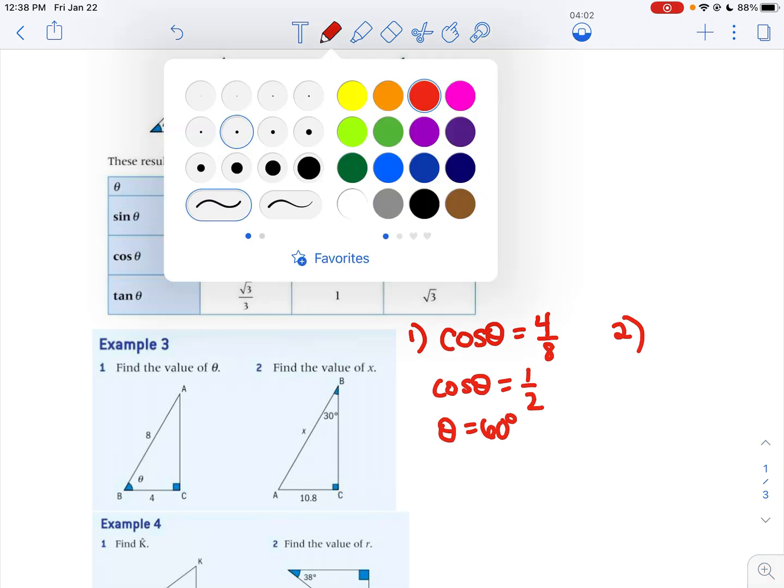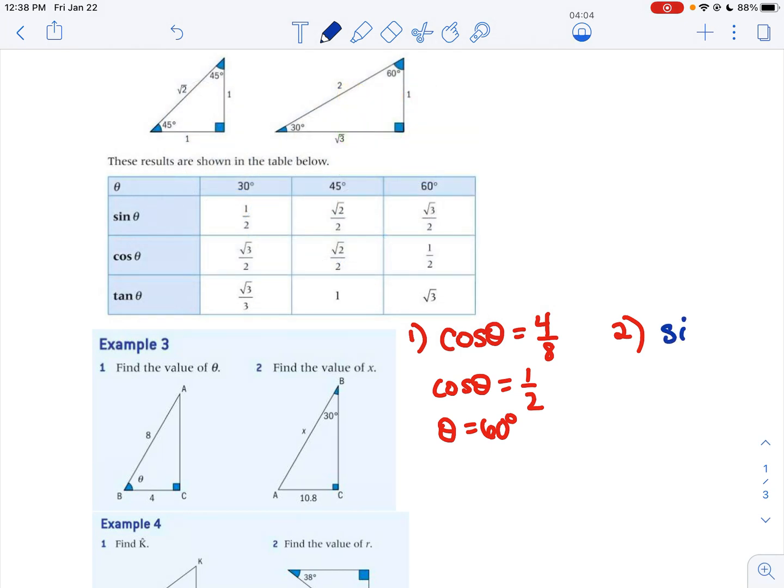So you're going to write sine 30 degrees equals 10.8 over x. Looking at the chart, or hopefully you know it, what is the sine of 30 degrees? The sine of 30 degrees is 1/2. So you are going to cross multiply and get x equals 21.6.